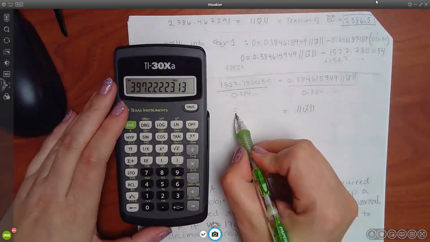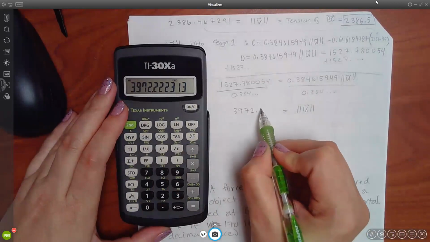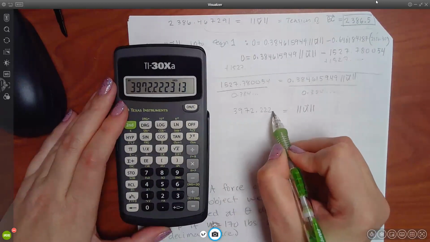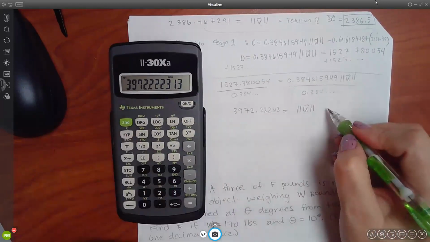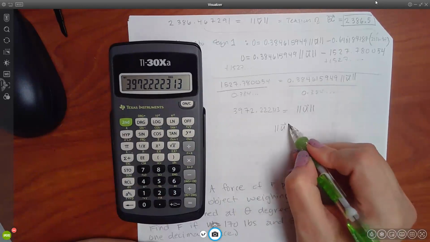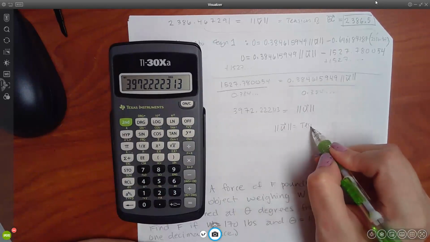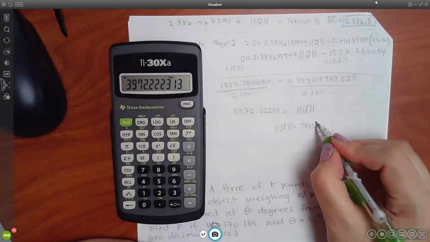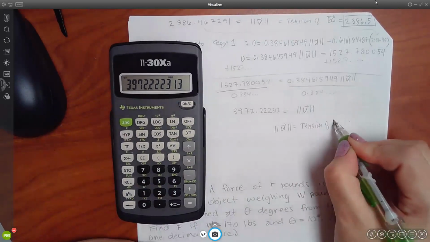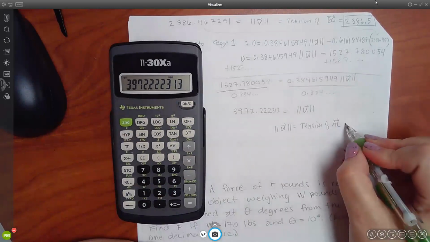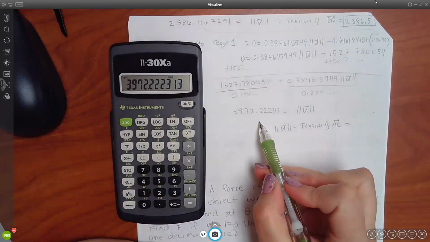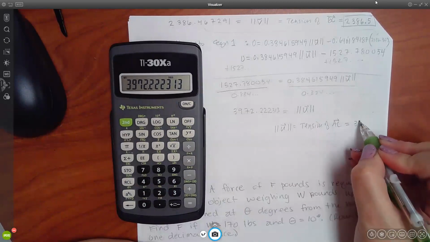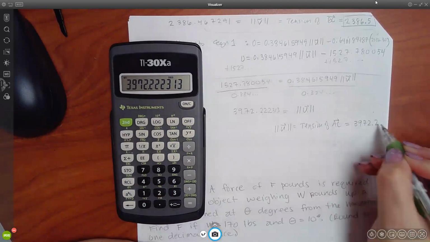And I get 3972.222313. So then that means that this guy, which is the tension between A and C, is about, to one decimal place, 3972.2.